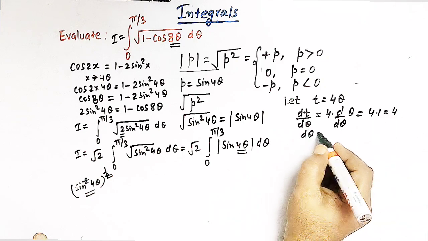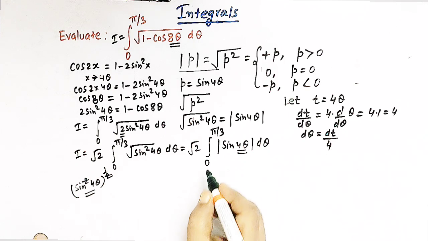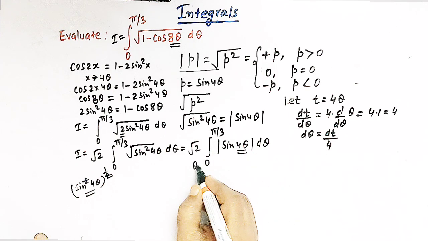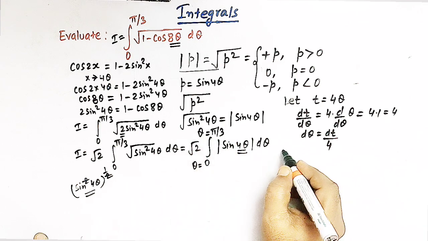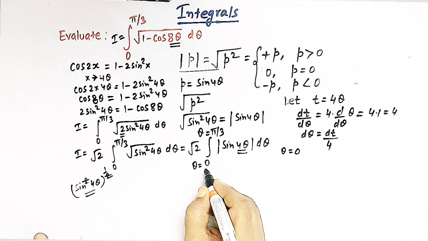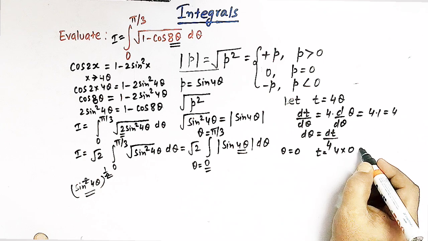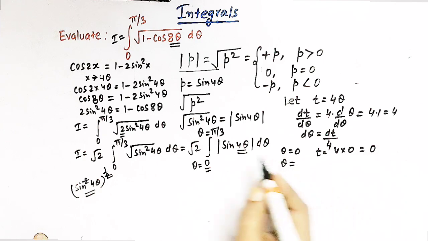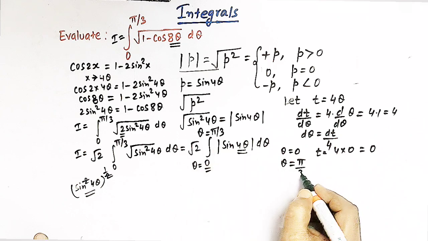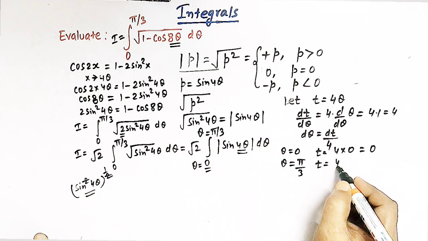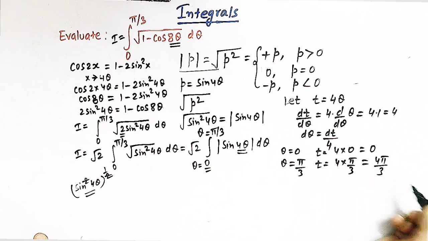So we have d theta is equal to dt over 4. Now let us change the limits accordingly. Here theta varies from 0 to pi by 3. When theta is equal to 0, the value of t is 4 times 0, that is 0. And when theta is pi by 3, which is the upper limit, t is equal to 4 times pi by 3, that is 4 pi by 3.